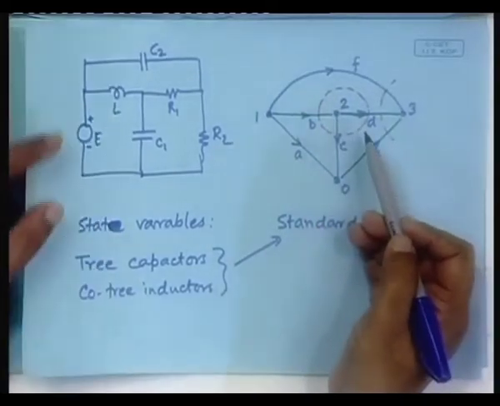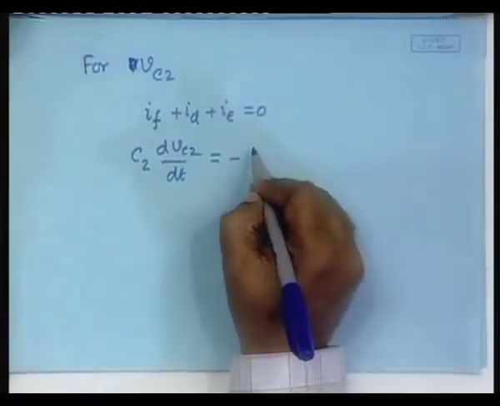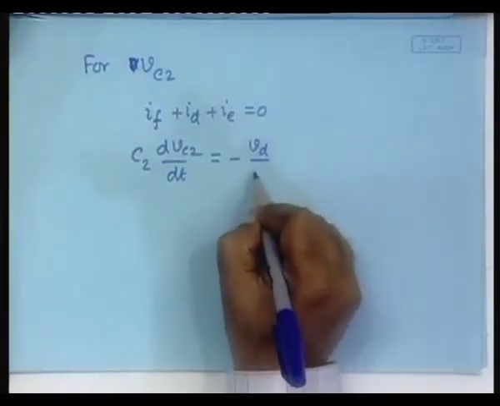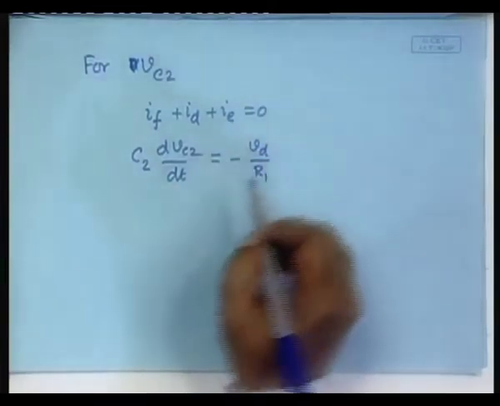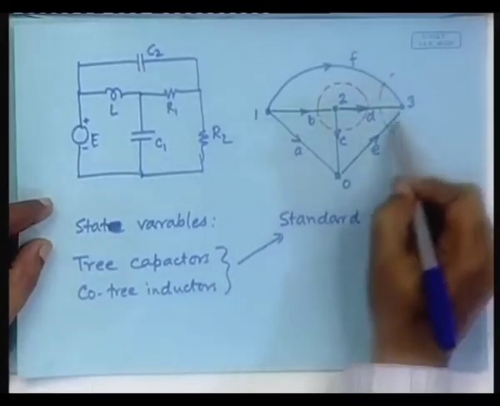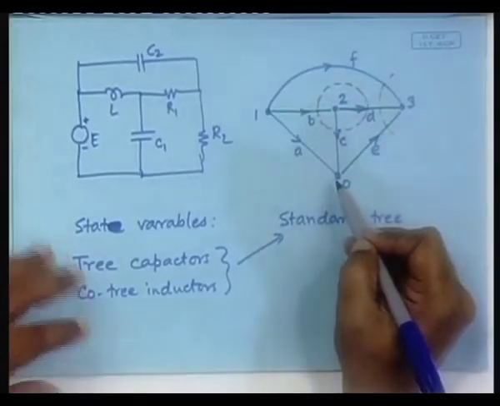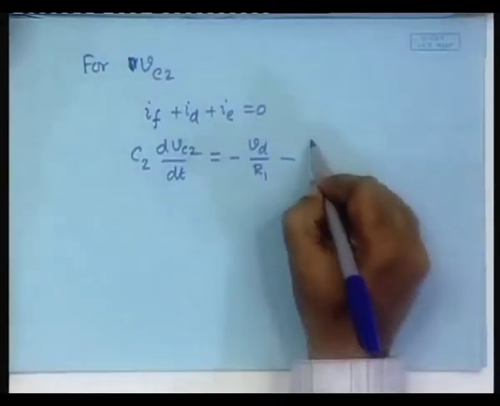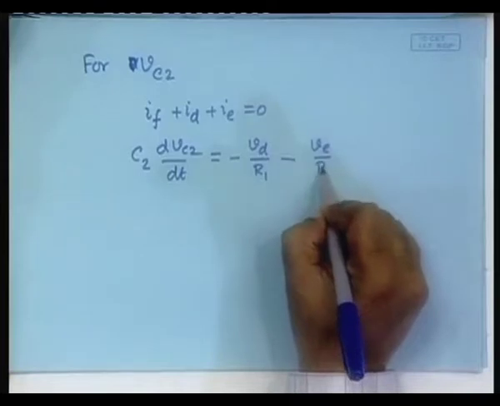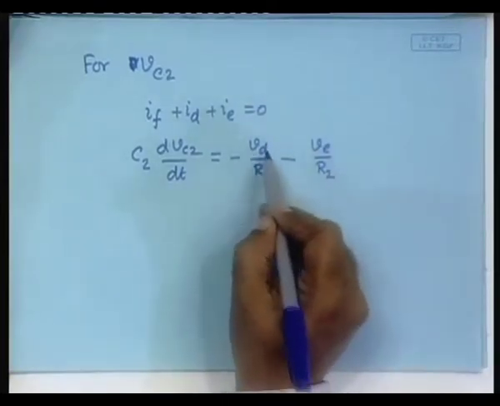So, we can simply substitute. So, ID is VD by R1 and VD we can substitute, we know what it is. This one IE, IE is VE by R2. We already know this, but we need to know this.